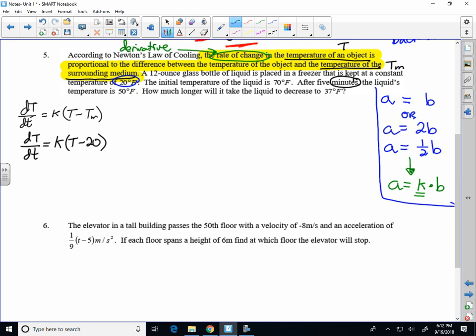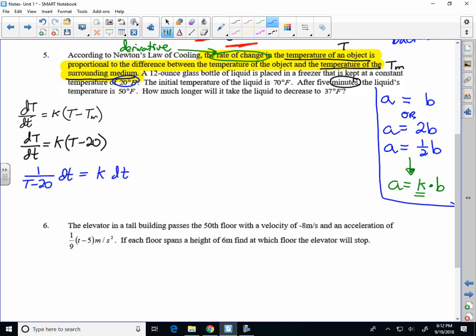So that dt's got to go. I'm going to clean things up, and cleaning things up means getting all like variables on the same side. So 1 over (T minus 20) dT is equal to k dt. You put the k wherever you want because it's constant.